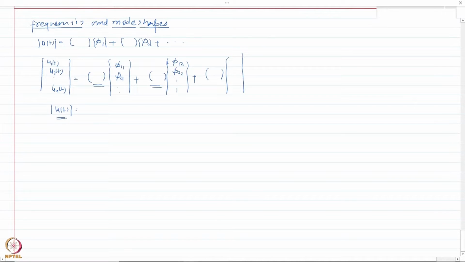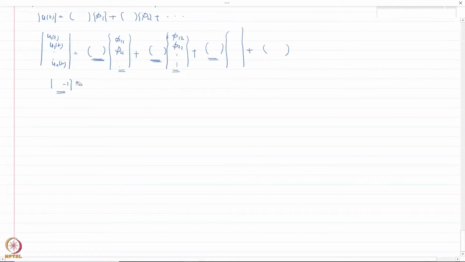So basically our objective here is to find out these factors, because once we derive an expression to find out these factors, then we can find out the total response as a linear combination of contributions due to different mode shapes. Okay, so let us see how we do that.